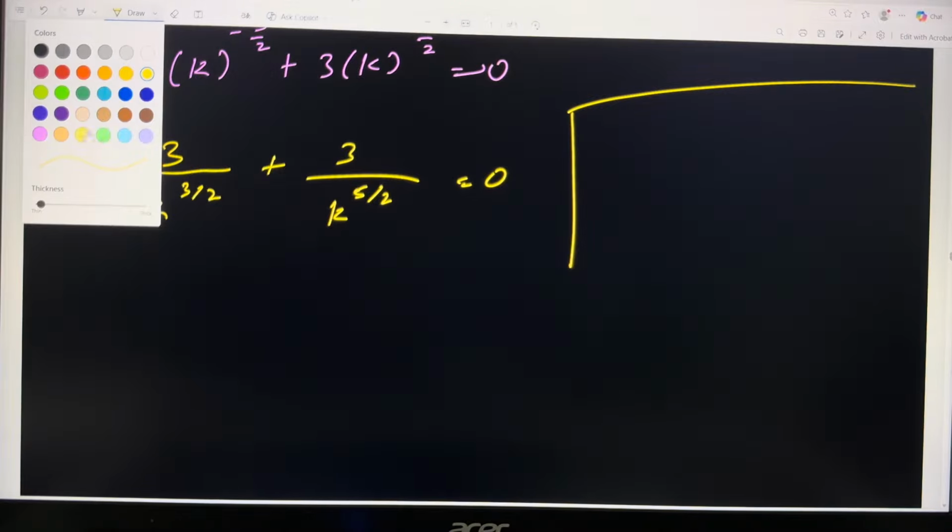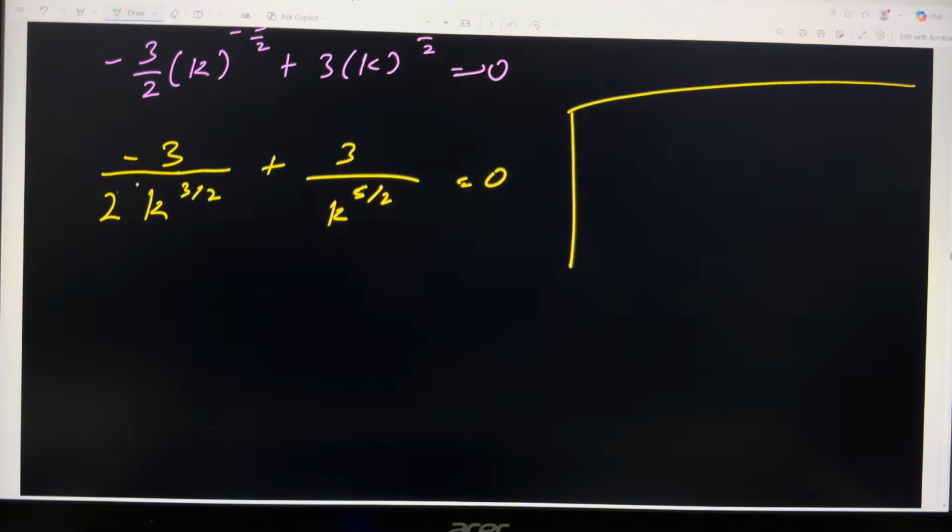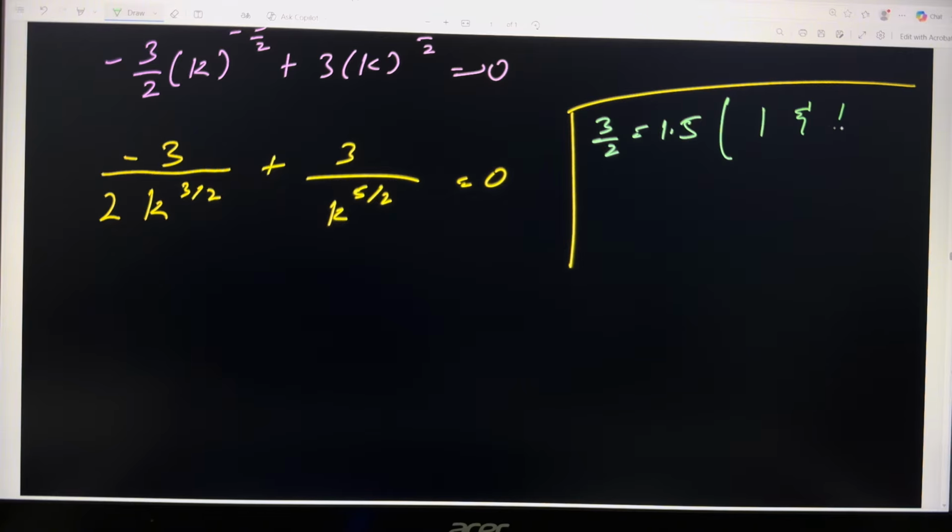Now let's try to understand this. 3 upon 2 is equal to 1.5, right? So this basically means 1 and 1 upon 2. k^(3/2) is basically the same as k times root k. They're basically the same, okay?